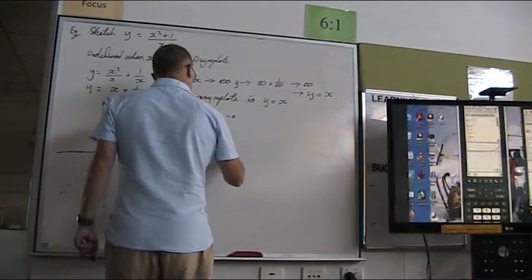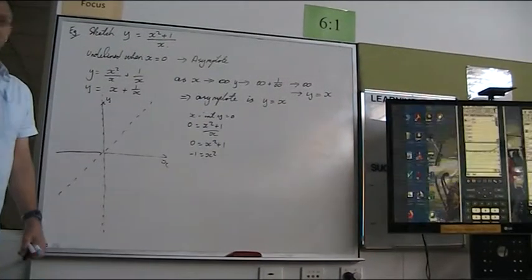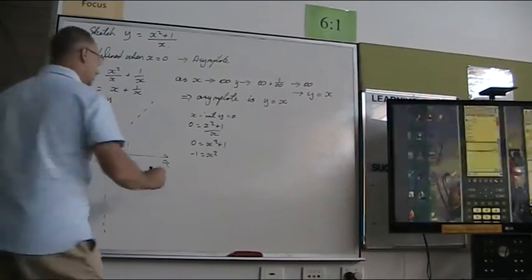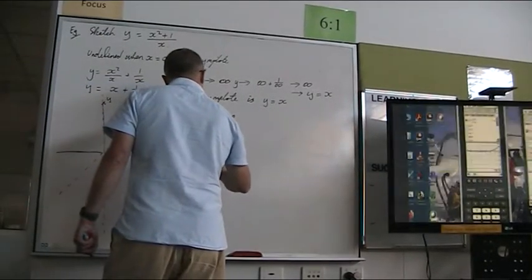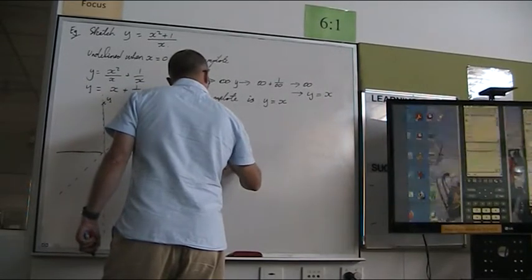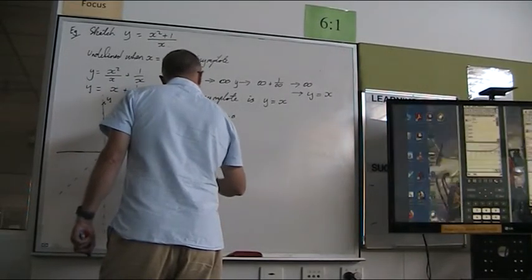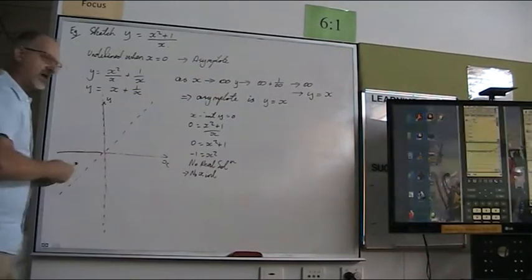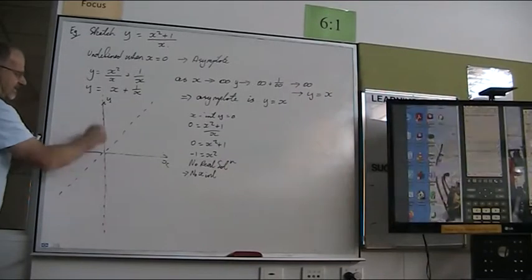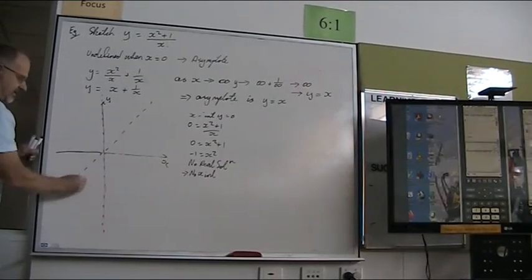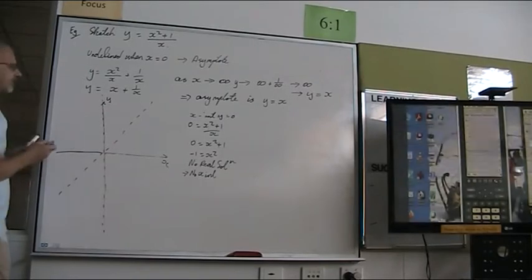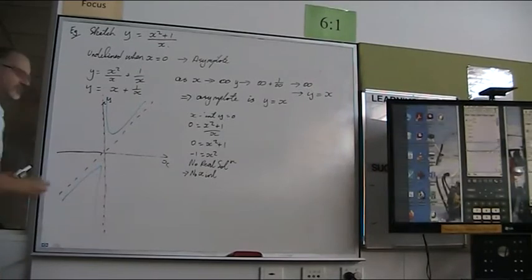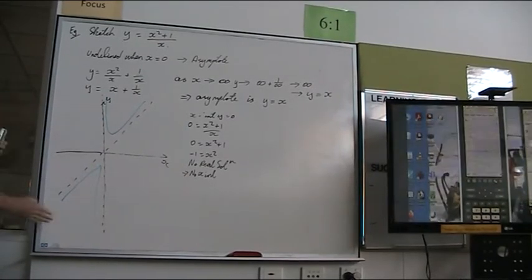Negative 1 equals x squared. Again, no real solution, is there? So if there's no real solution, that means no x-intercepts. So if there's no x-intercepts, it can't be here and here, it's got to be here and here. Like so. That's terrible.